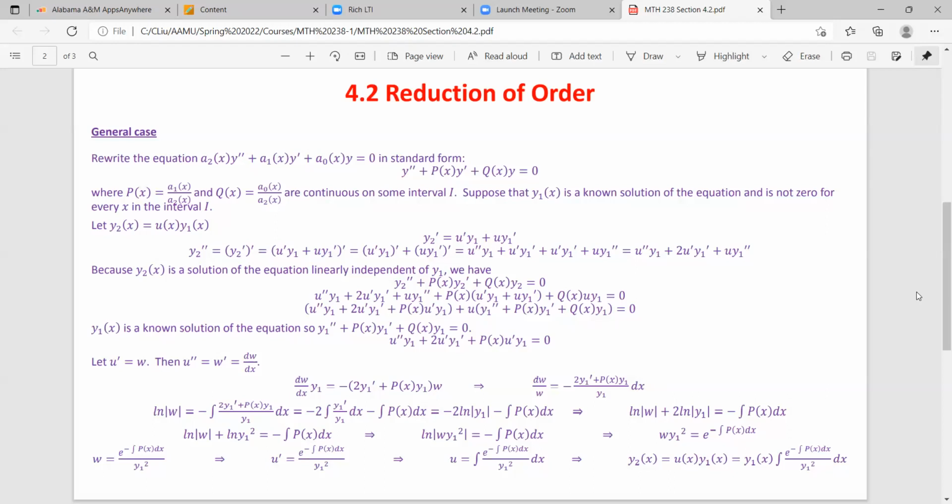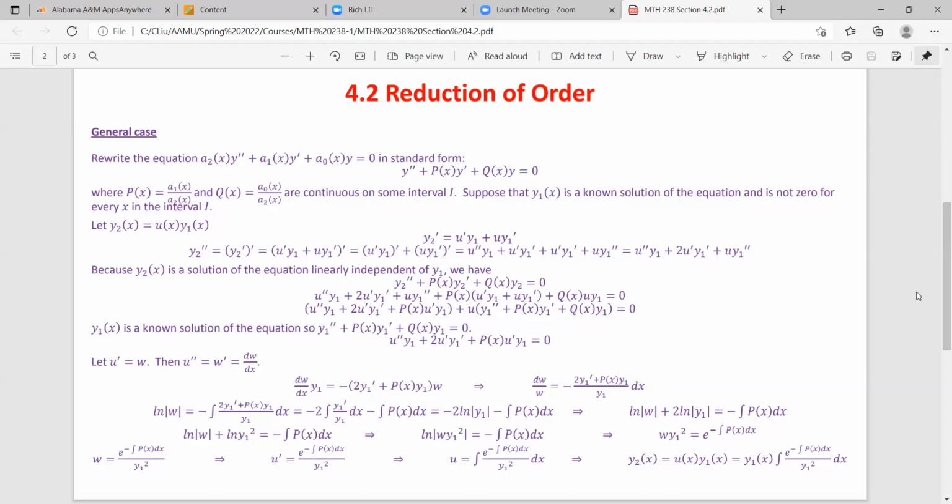So then we can rewrite the equation as natural log of absolute w plus 2 natural log of absolute y1, if you move negative 2 natural log of absolute y1 to the left, it becomes positive. That equals negative integral p.